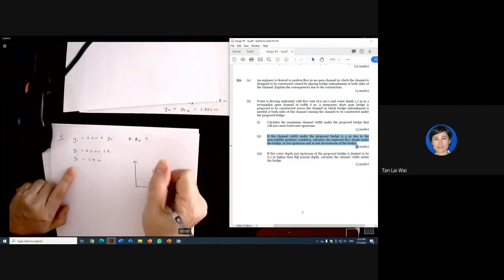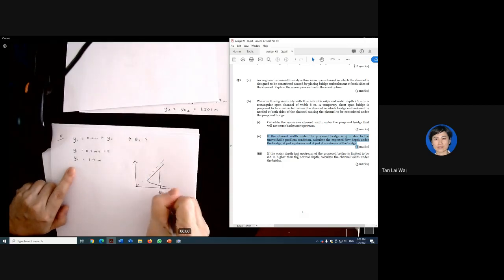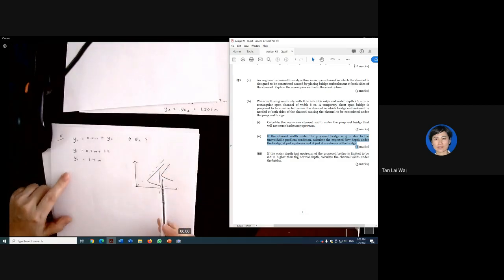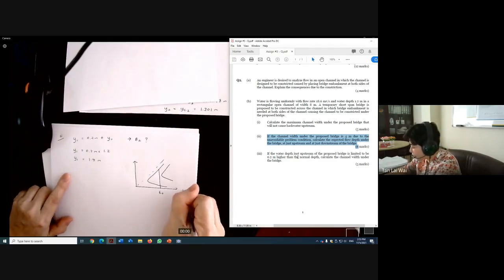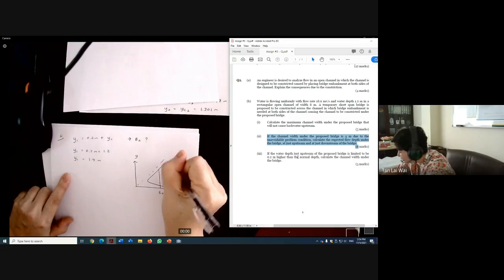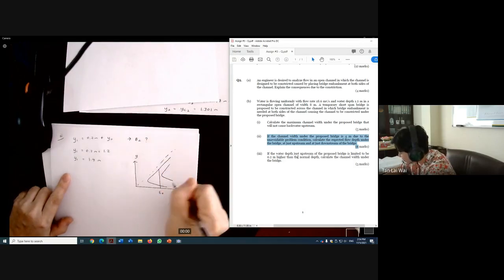Okay, so I'm going to draw this out. I wanted to know what things I can get from this curve here.